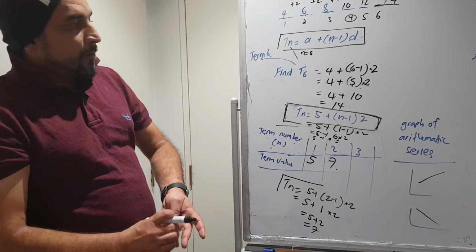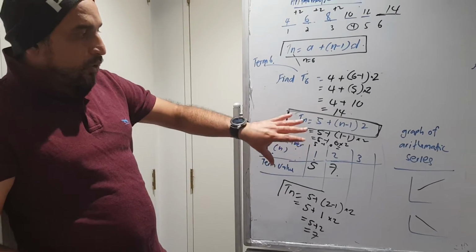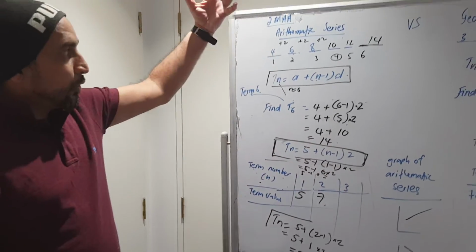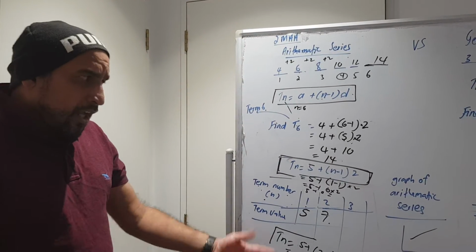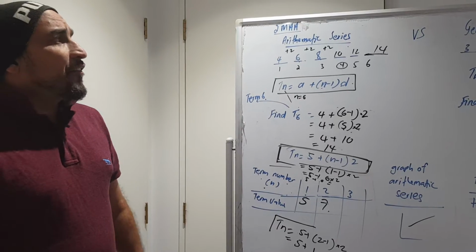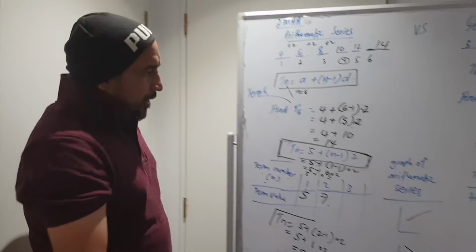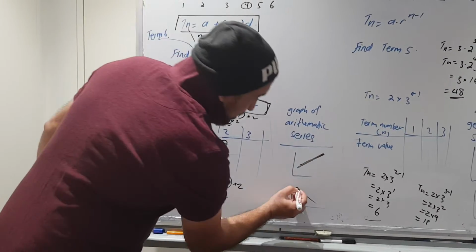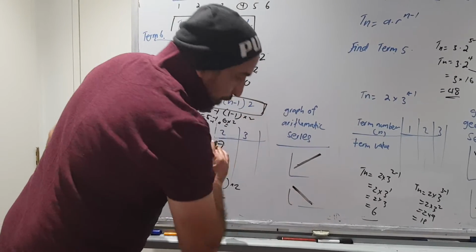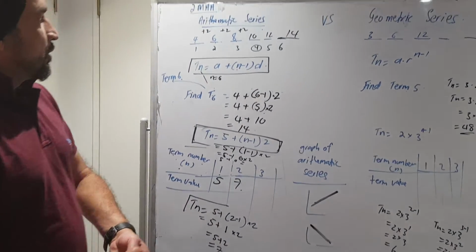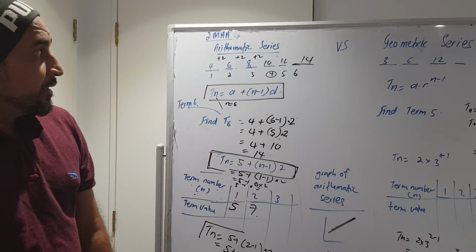So in your Education Perfect, you have an exercise like that. This is all to do with arithmetic. If you are drawing graphs of arithmetic series, they will normally be straight line graphs, either going down or going up. So that's arithmetic series.